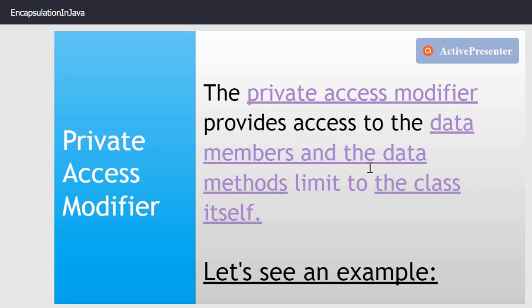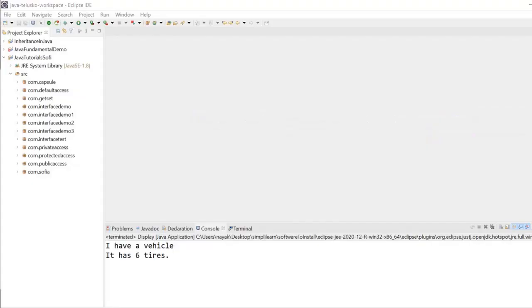Let's see through an example. And this private access modifier plays a big role in encapsulation, which we are going to learn today. Okay, that's why I am explaining about access modifier. So here is my new package com.privateaccess, where inside it I create two classes, school.java and student.java.